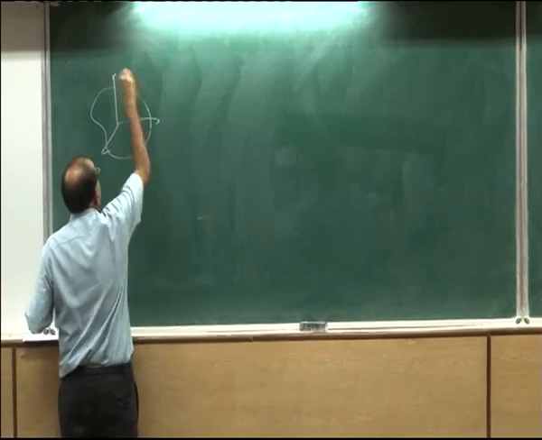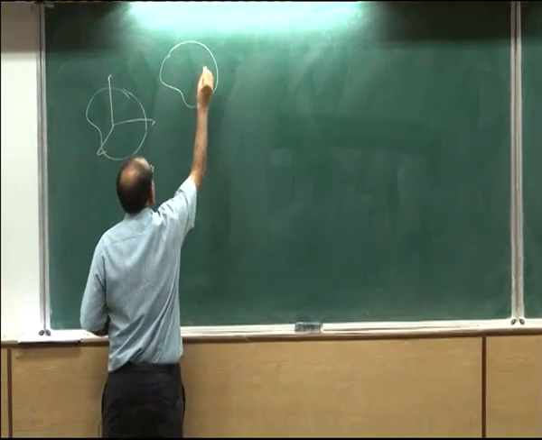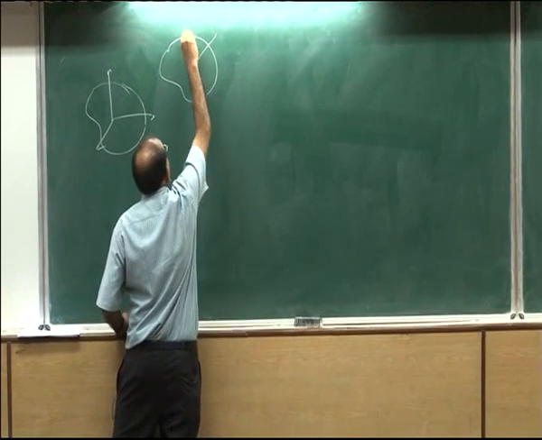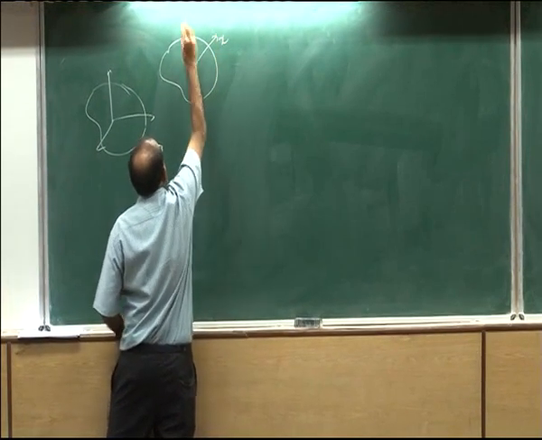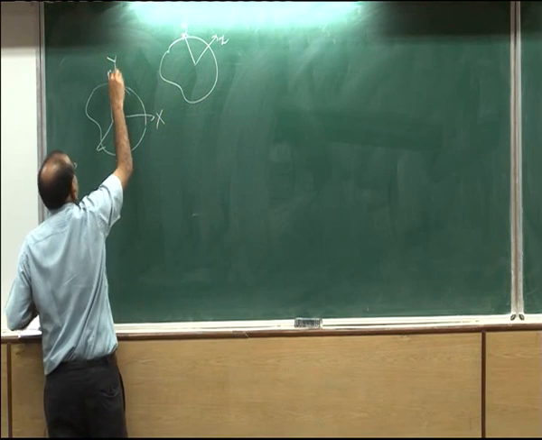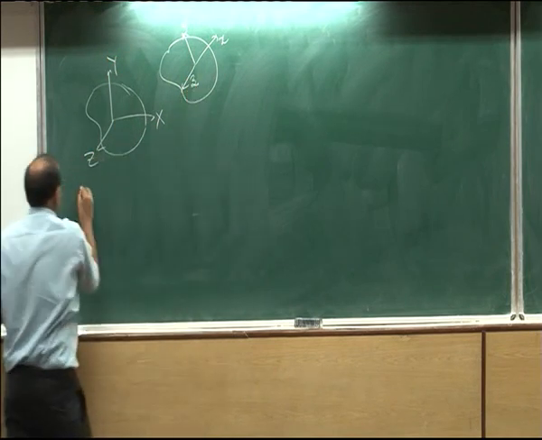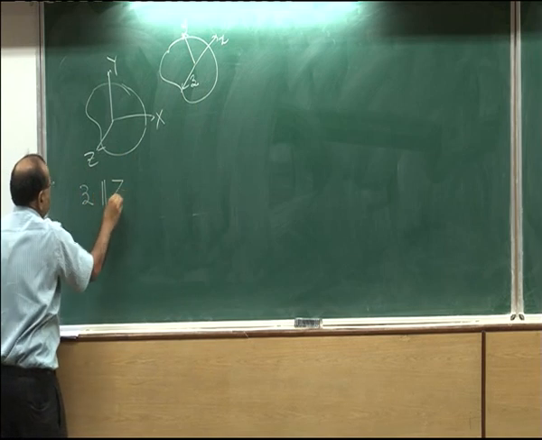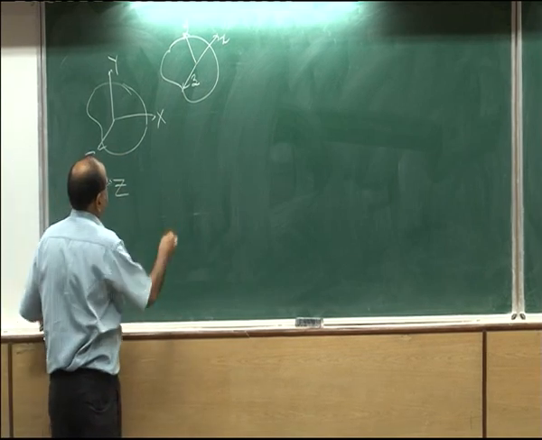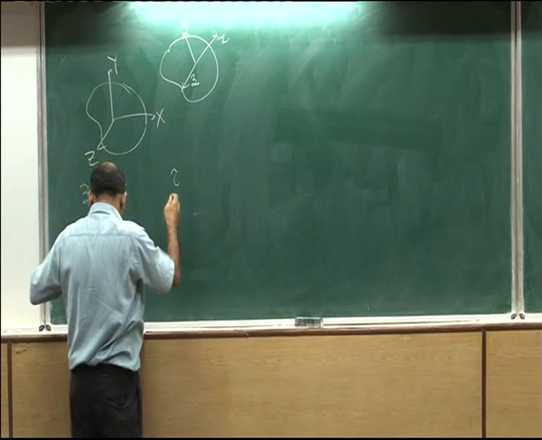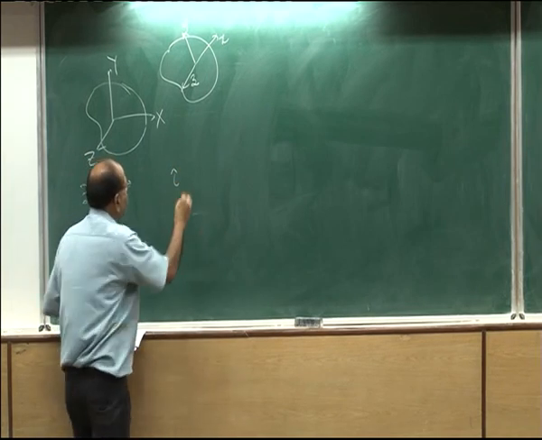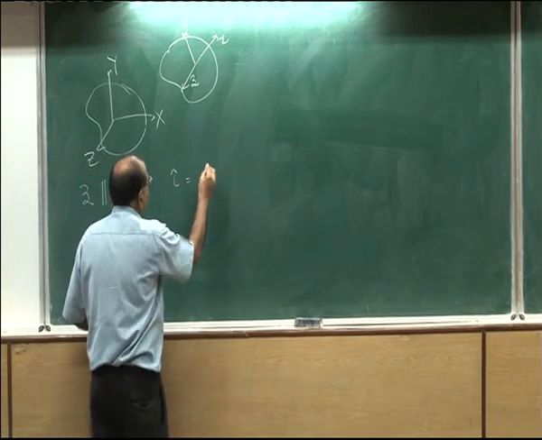Frame F, frame M, small x, small y, capital X, capital Y, Z is parallel to Z, and what we have written is small i.